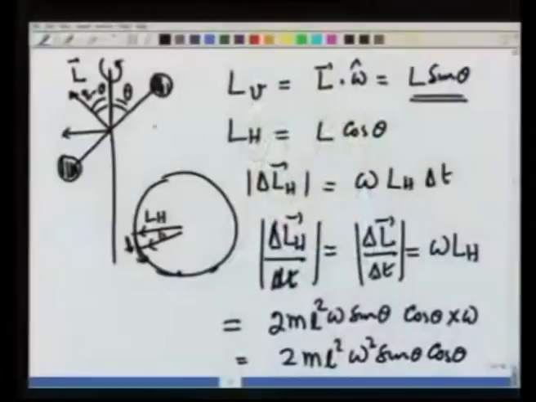And at this point, when the body is in the plane of the screen, the horizontal component is going to be coming out of the screen, so that is the direction of dL/dt, and this is going to be the torque required.